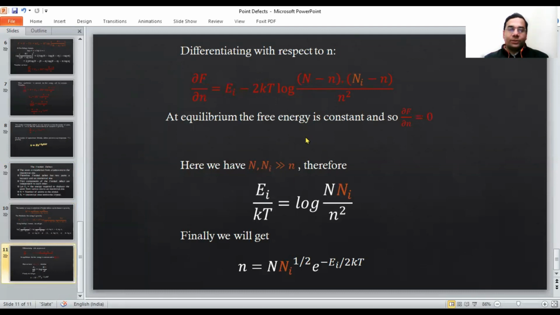So this equation will become Ei upon kT is equal to log of N Ni over small n squared. So finally we get n is equal to root of N Ni into e raised to power minus Ei upon 2kT. This is the expression for Frenkel defects created in the crystal.